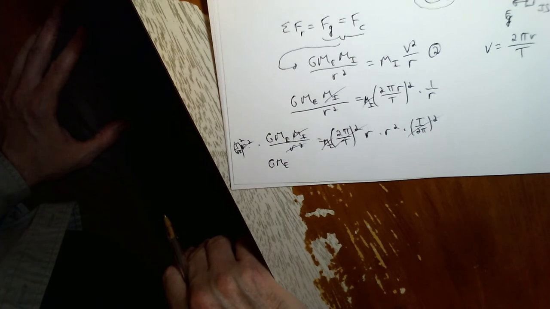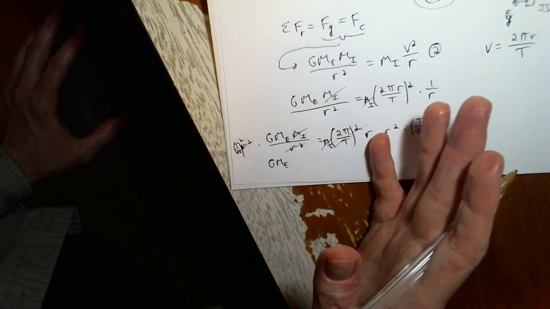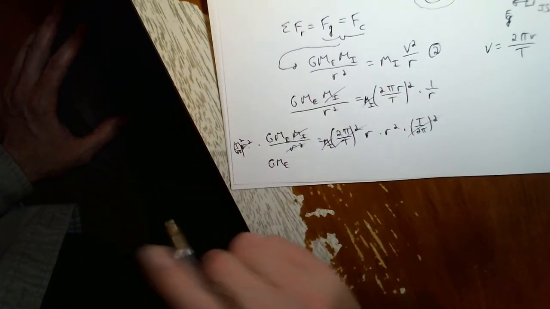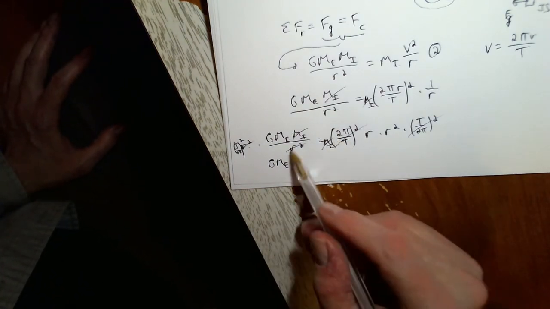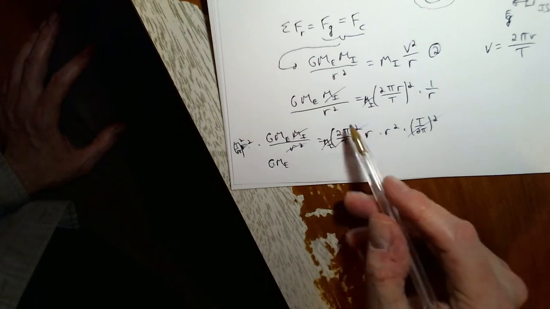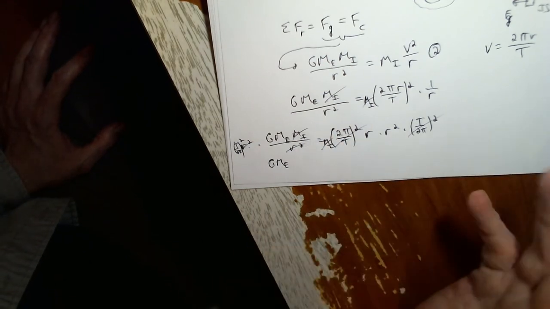It can't affect the answer, because it doesn't matter what you put at a given radius. It's going to need the same speed to get round. This is why that's true: the centripetal force equals the gravitational force, and so the masses of the thing that's in orbit cancel.